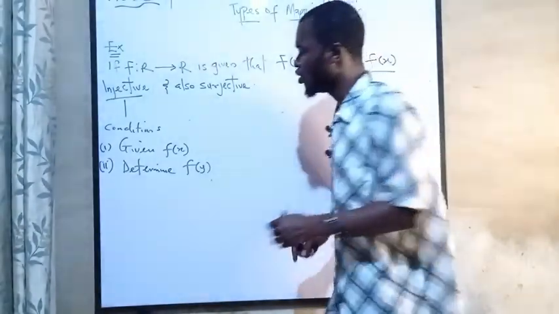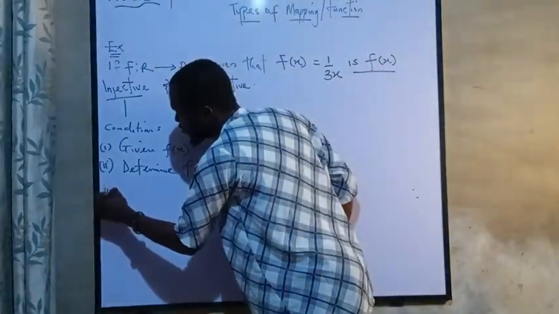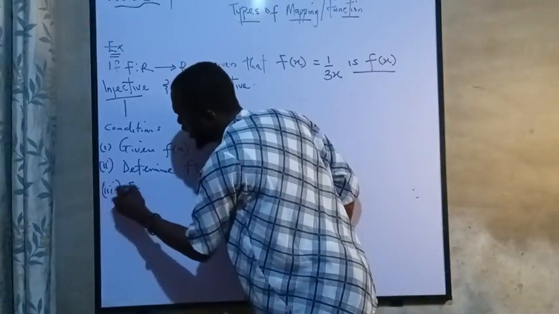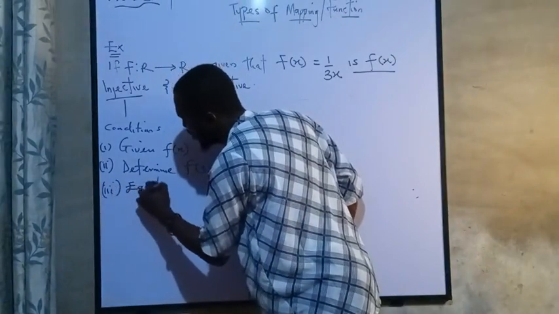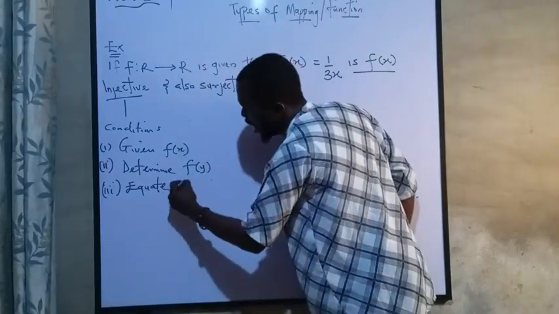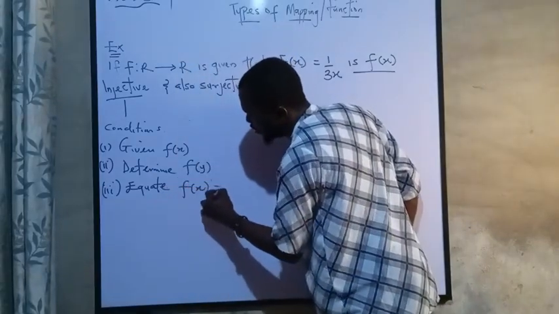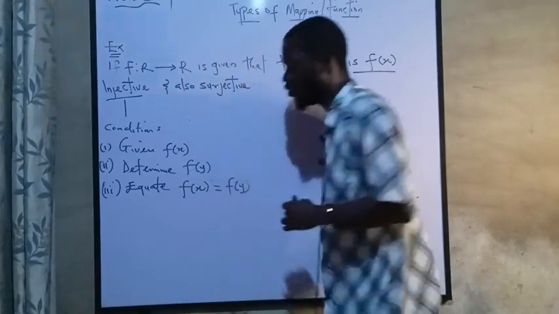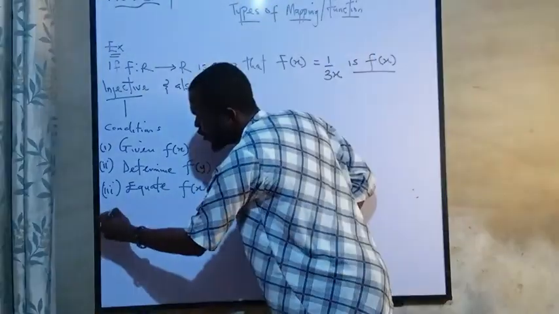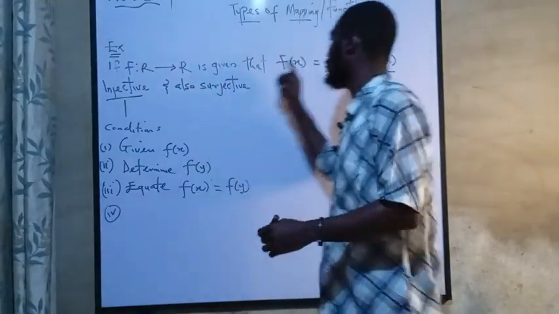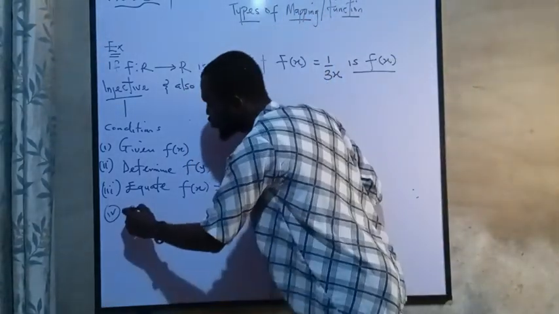That is condition 2. Condition 3, you must equate f of x and f of y. I will explain that. Then condition 4, for a question like this to be injective, you must what?